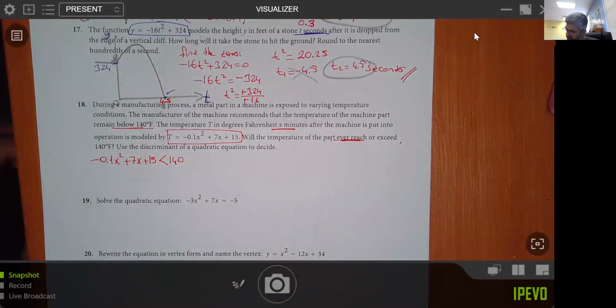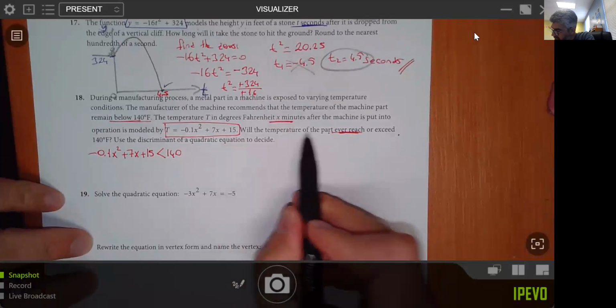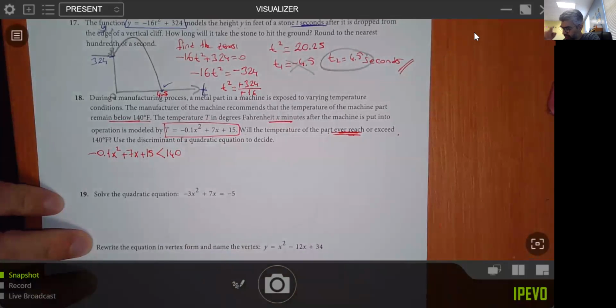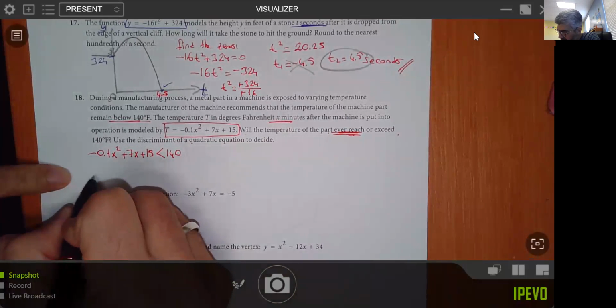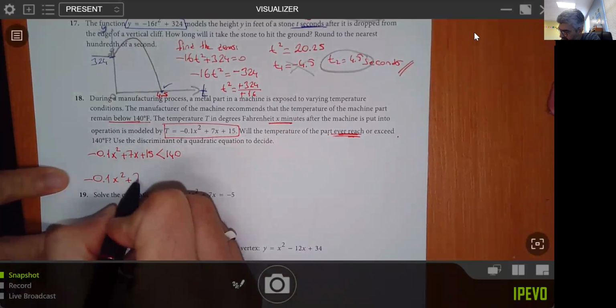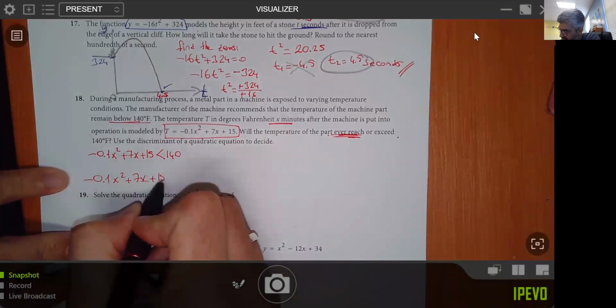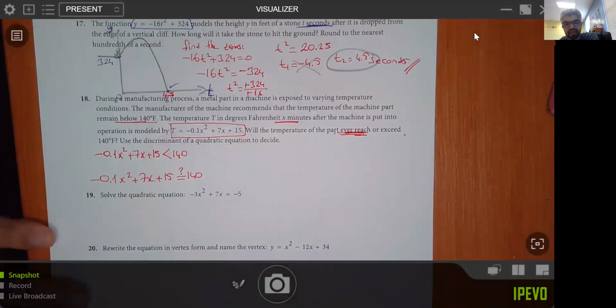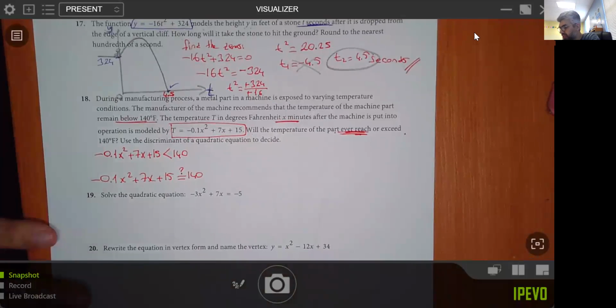What? Discriminant? Wait a minute. We were solving quadratic inequalities. Now, why are we talking about the discriminant? Let's pay attention. Will the temperature of the part ever reach? It's actually asking, will negative 0.1 x squared plus 7x plus 15 be equal to 140, or bigger than 140?